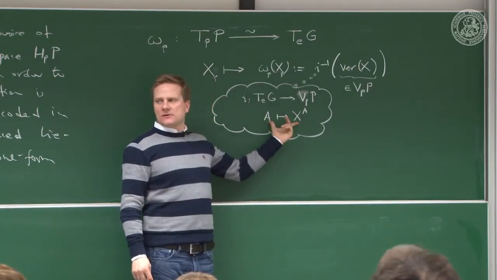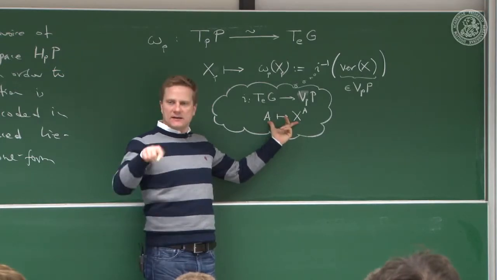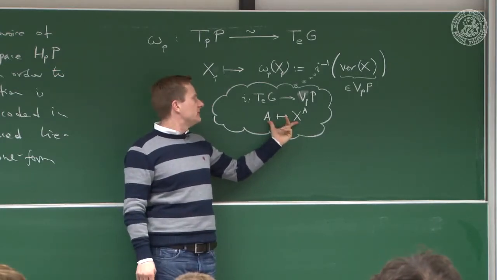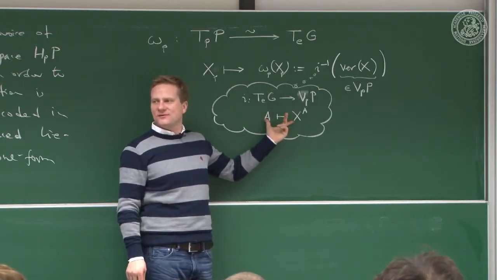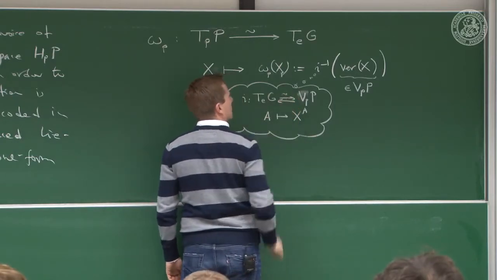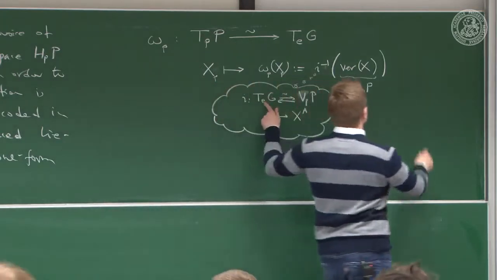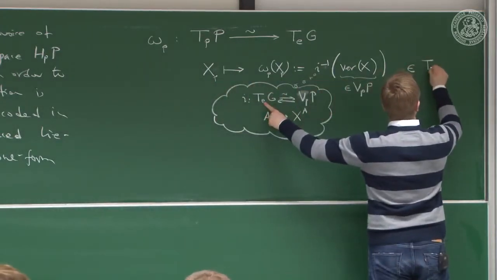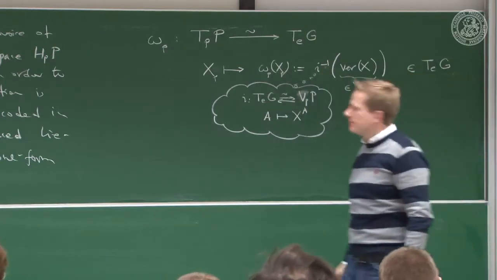Because our Lie algebra always maps diffeomorphically into a small region of any point of the Lie group, and the vertical fiber is the Lie group. So this is actually a vector space isomorphism, so you can go backwards, and that is what we're using here. What you therefore get is in the end an element of T_e G, which is precisely what we wanted.